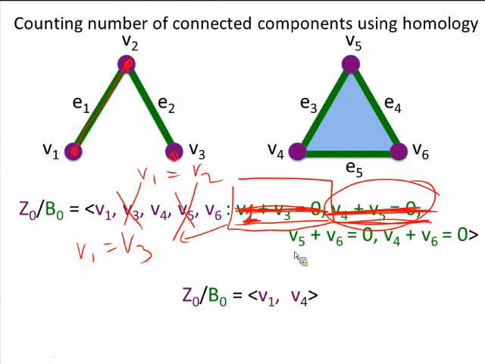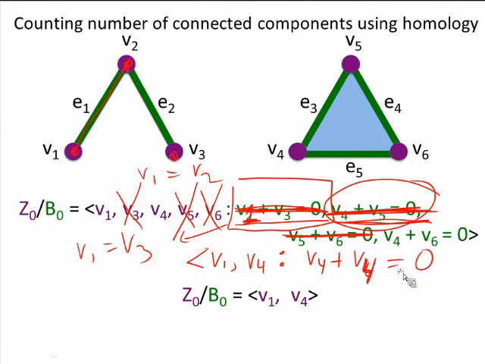Same thing, we've got V5 and V6, so V5 plus V6 is in the same component, so I can get rid of V6, and I can get rid of this relation right here now that I've used it. I now have the group generated by V1 and V4 subject to V4 plus V6 equals 0, but remember V4 was equal to V6, so I can actually put a V4 here.